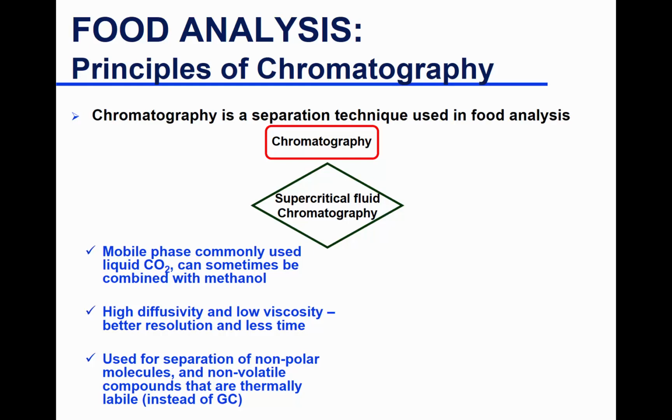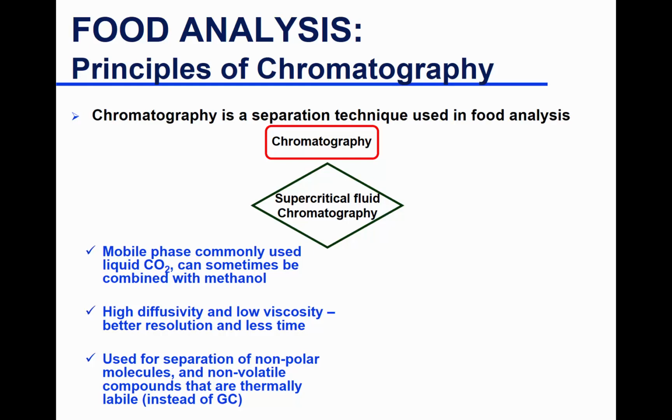But I just want you to remember that with liquid CO2, it's really very low viscous and it moves very fast. And when it moves very fast, your compound can move in and out from stationary phase to mobile phase and reach equilibrium faster. So you get better separation and a short analytical time. So that is the main advantage of supercritical fluid chromatography.